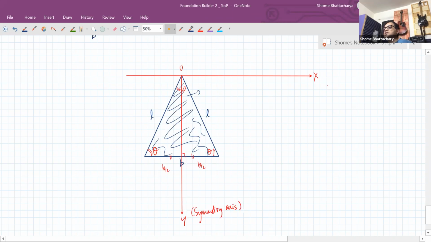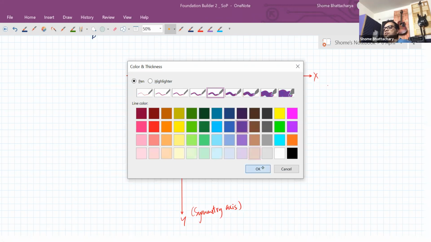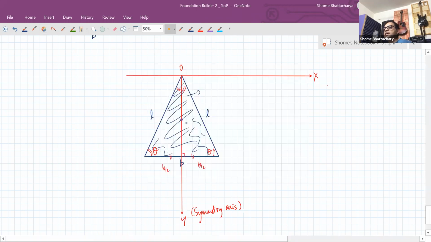So once we know a symmetry axis, at least we know one thing, that the center of mass is lying somewhere on this axis. So where is it lying? We are left with just finding out one thing: integration y dm divided by the total mass, where dm is sigma dA.